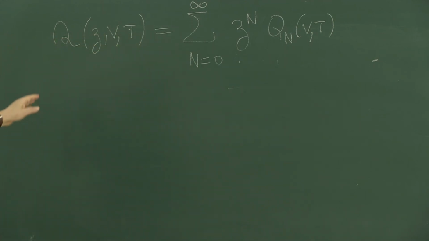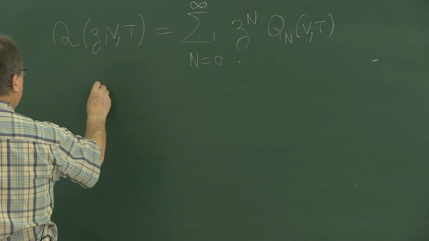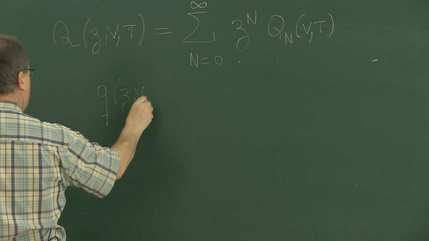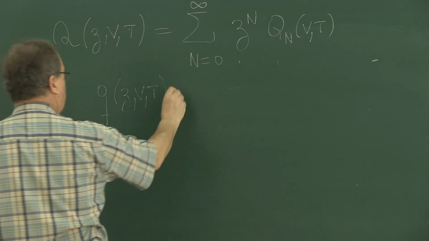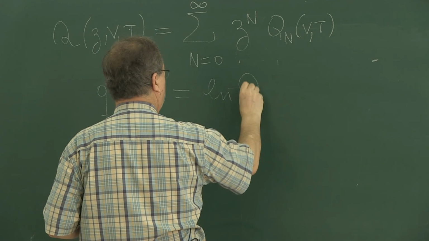That is the grand canonical partition function, like a curly Q. Okay. So the Q potential then is nothing but ln of curly Q.